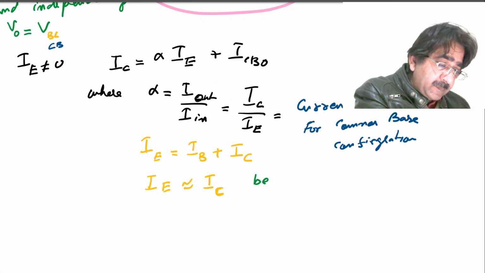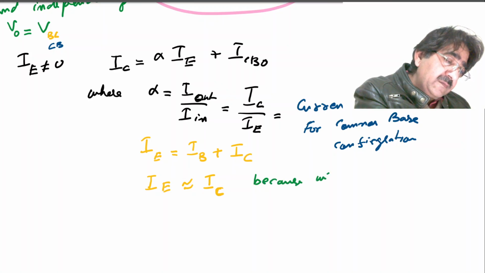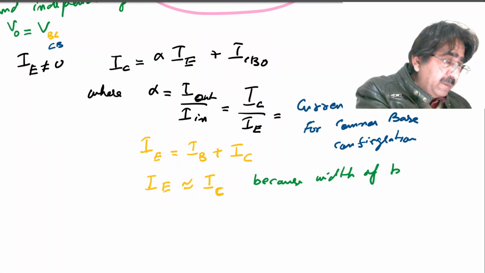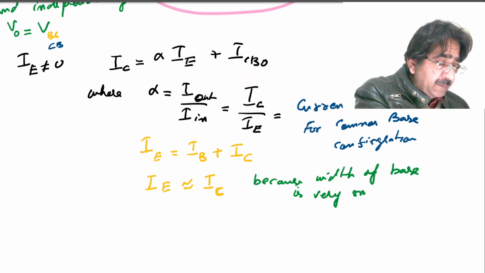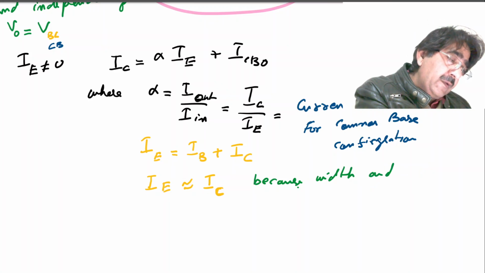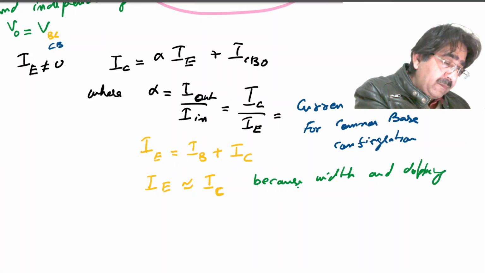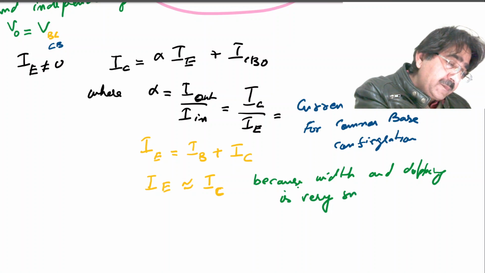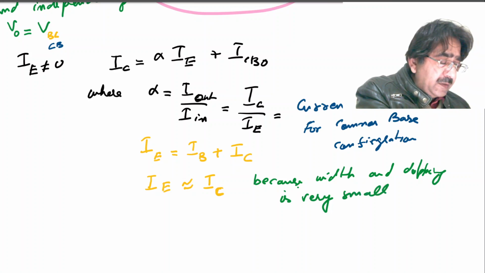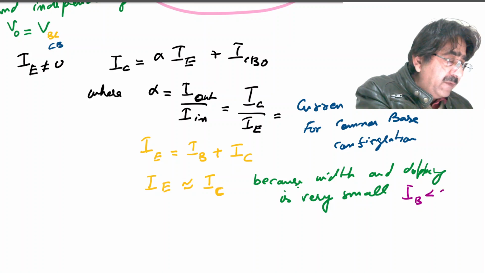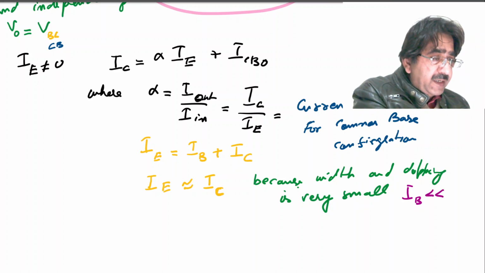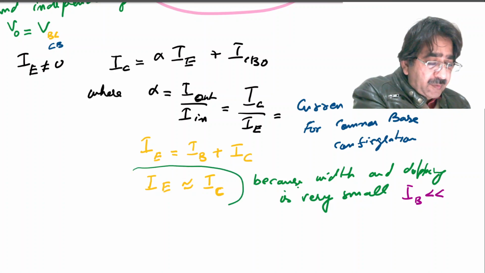Because the width of the base and its doping are very small, as I explained in the previous lecture, IB is very, very small, so we may ignore it. That's why this is approximately like this.